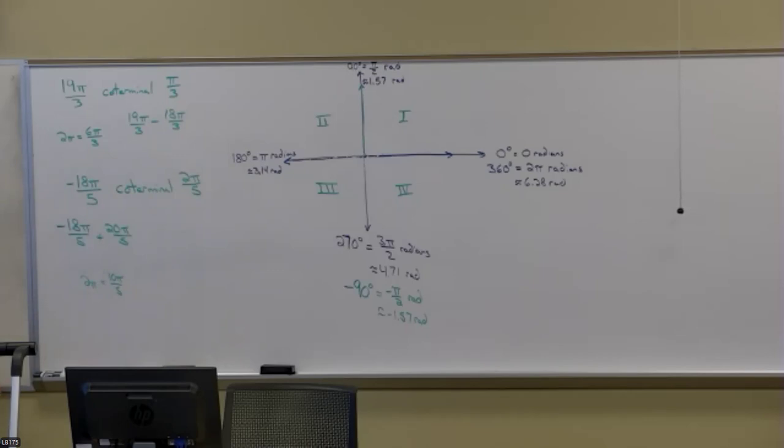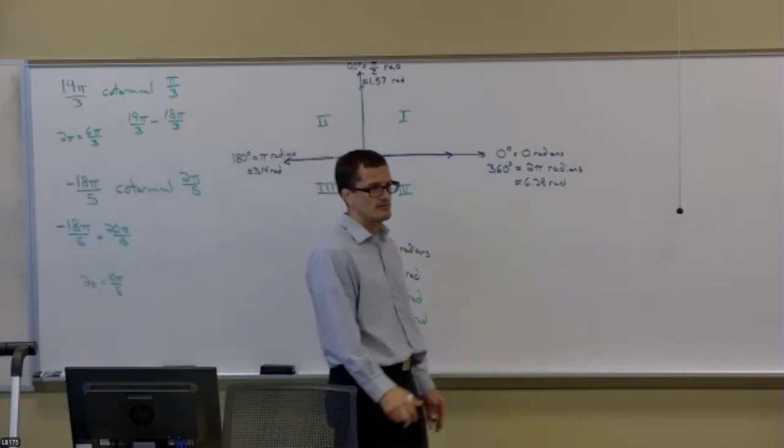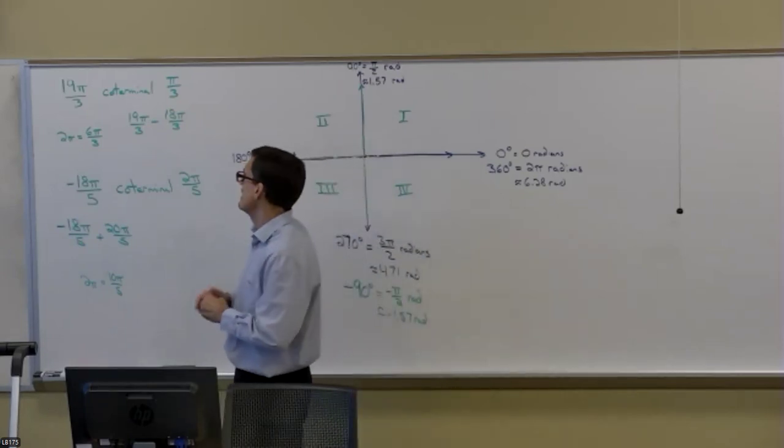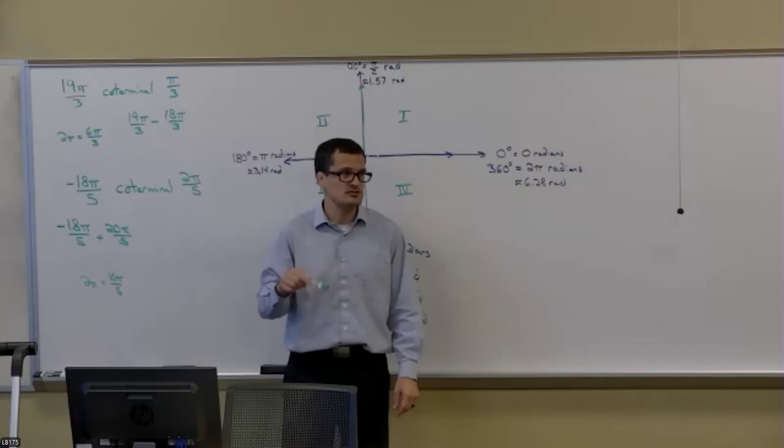So you can do it by hand, you can utilize your calculator, lots and lots of different ways. But the main principle is, in radians, you just keep adding or subtracting 2 pi, and a bunch of copies of that.